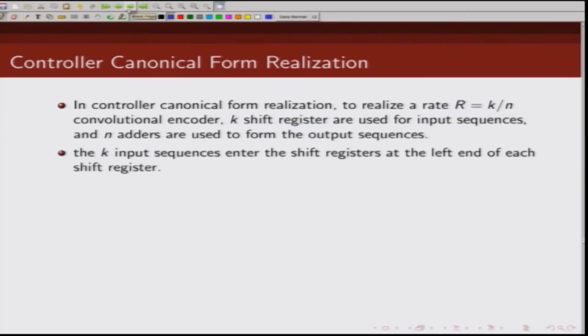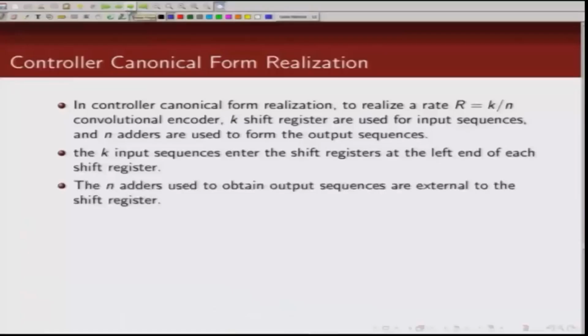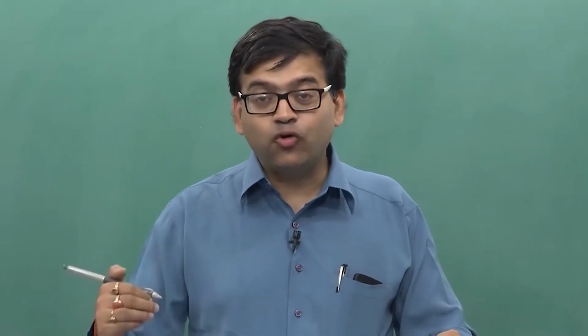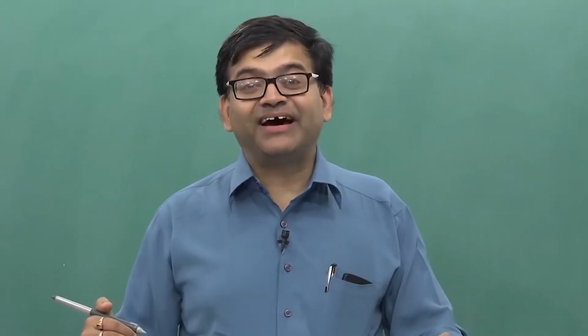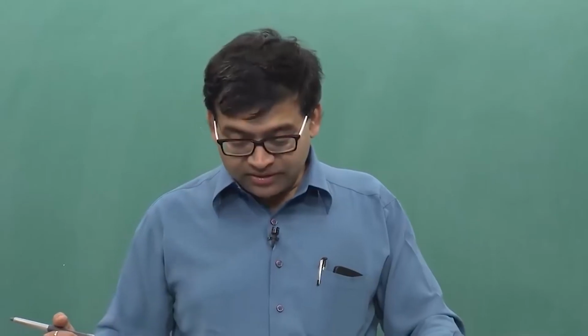In this case, the k input sequences enter the shift register from the left hand side, and we take the output from the right hand side. The next point to remember here is that in case of a controller canonical form realization, these n adders that are used to obtain the output sequence, the coded sequence, are external to the shift registers.